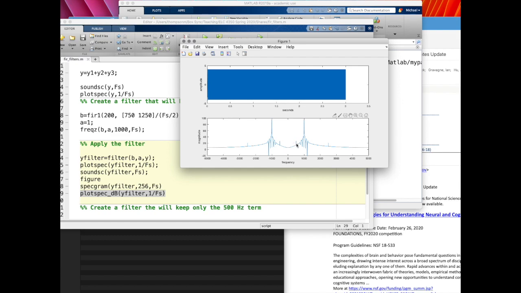And then over here at 500, there's a spike, and it's quite a few dB down, about 80 dB down. So this really filtered that out quite a bit. Same thing over here at 2500. There's a little bit of 2500 still showing through, but it's mostly knocked out by the low pass filter. Okay, so I wanted you to be aware of things on a dB scale instead of a linear scale.